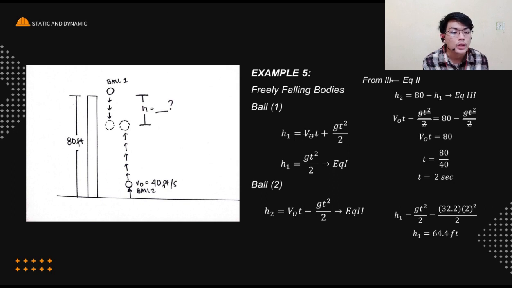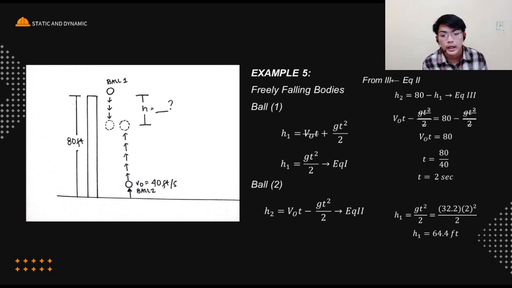We just substitute our h2 with equation number 2. That leads us to our initial velocity, v0 t, equals 80. Now we are just looking for our time, so we divide both sides by 40, which is our initial velocity. That leads us to our time being equal to 2 seconds.